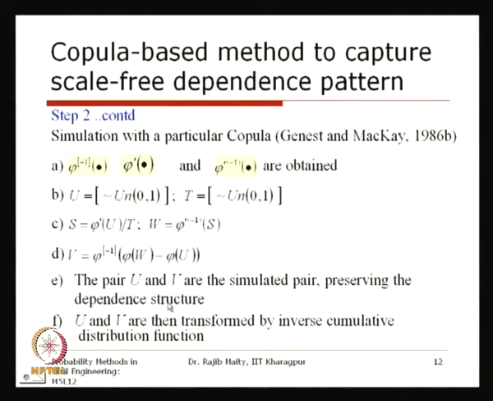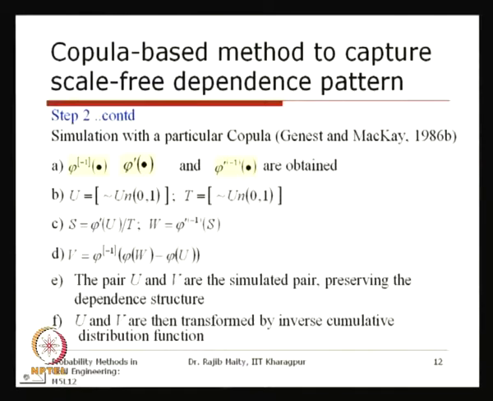Now, this dependent structure means that through the parameter theta, which is there in this generator function, u and v are transformed by the inverse cumulative distribution function to get them in the original scale. This original scale means that we have two data sets which may follow some distribution, it may be normal, log normal or gamma, whatever.